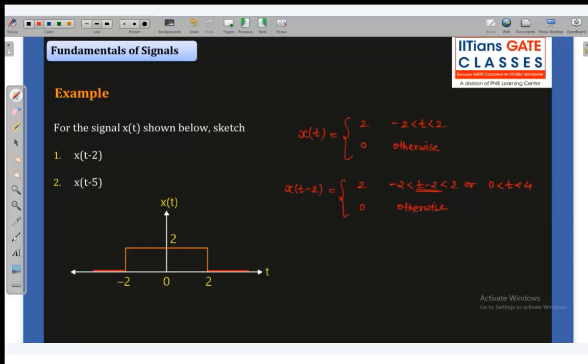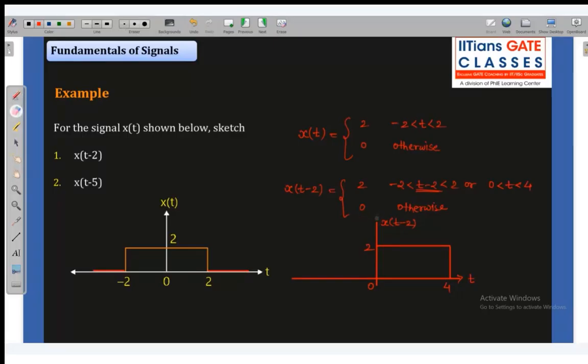So 0 to 4. So this will be the graph, starting from 0 and ending at 4. 0 to 4. This is now the time axis, x of t minus 2, and the height is 2.